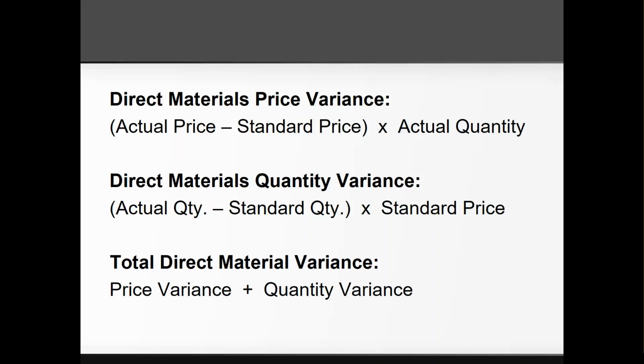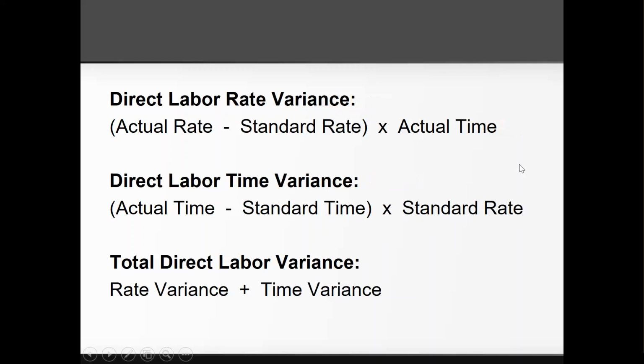To get direct labor variance is very similar. Instead of price and quantity, however, in direct labor, we have rate and time. So you're going to have a rate variance and a time variance. The direct labor rate variance is your actual rate minus your standard rate times your actual time.